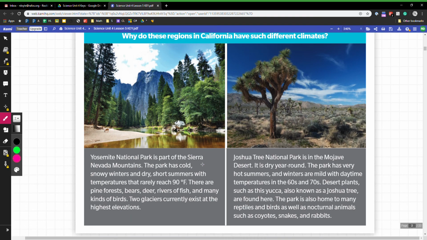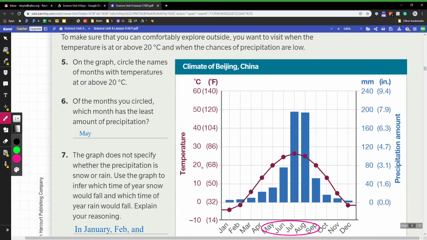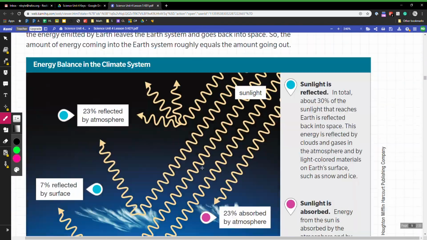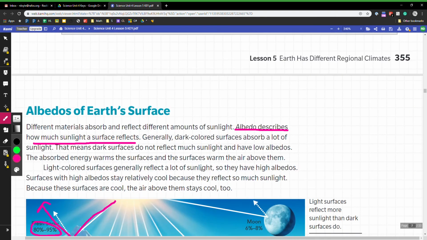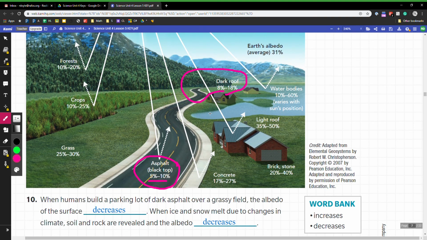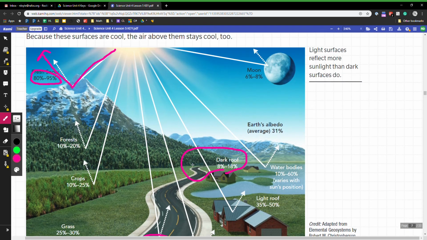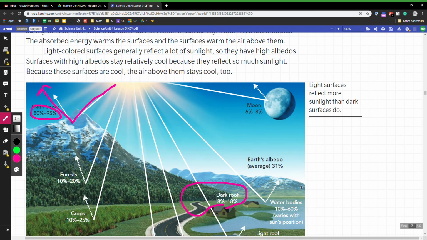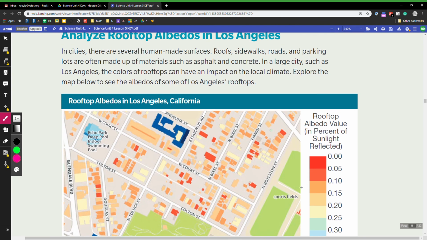If you've ever visited Yosemite during the winter time, the vast majority of the park is completely closed down because it's completely covered in snow. So those would definitely affect it because it's obviously not snowing in Joshua Tree, so it's going to be absorbing a lot of sunlight year round. Whereas in Yosemite, when it snows, it's going to be reflecting a lot of that energy, half the year.